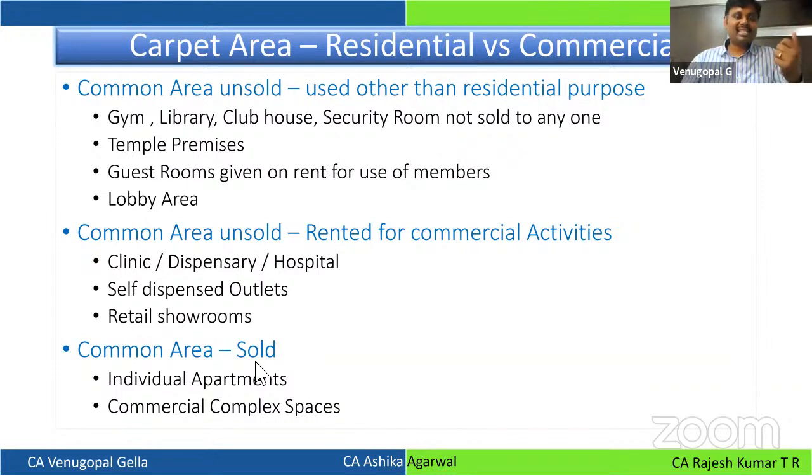Owing to these additional permissions, my percentage of the commercial portion has gone up. What would be the position of the tax authorities? I'd like to hear the answer from Rajesh sir on this point.